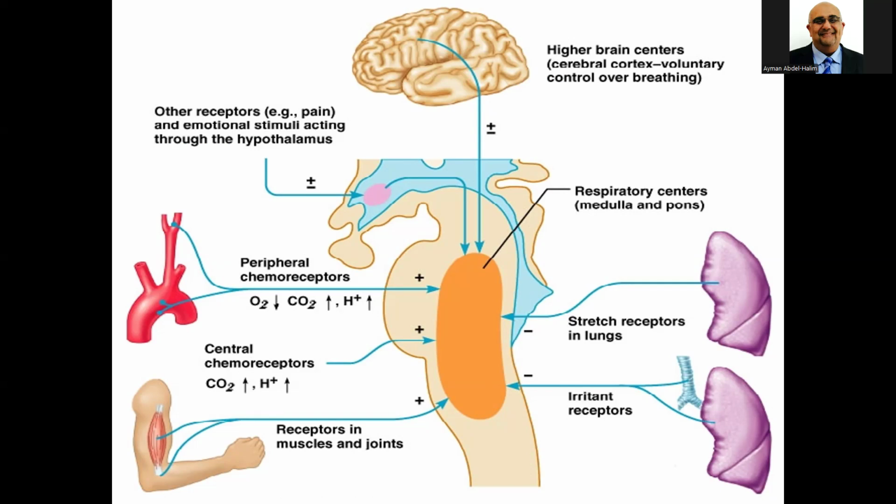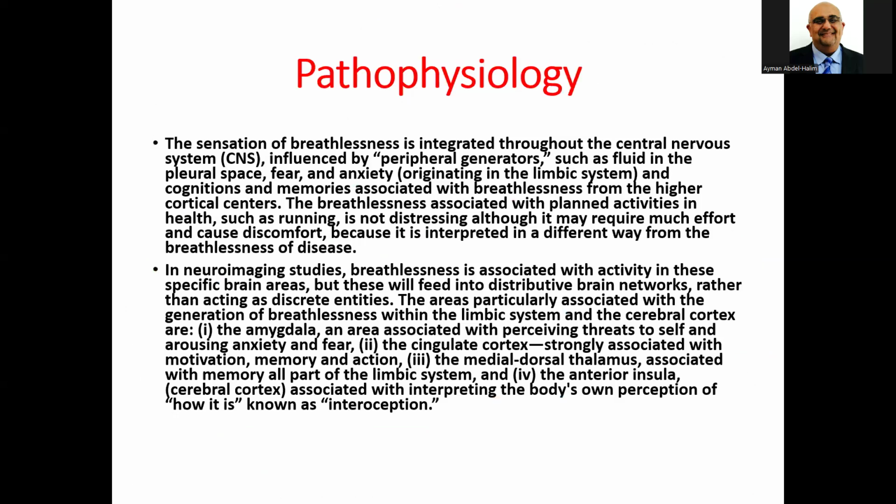It's affected by so many factors like stretch receptors in your lungs, irritant receptors, peripheral chemoreceptors, central chemoreceptors, and other chemoreceptors. But again, we have an emotional component here that's sensed by the limbic system in your brain. The sensation of breathlessness is integrated throughout the central nervous system, influenced by peripheral generators, like we mentioned in the previous picture.